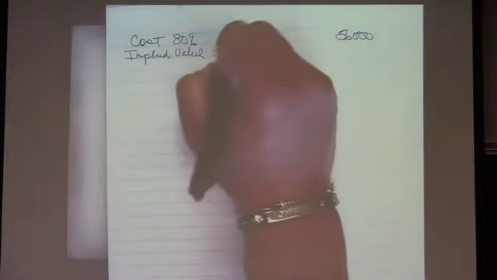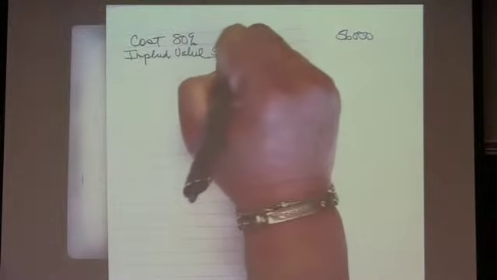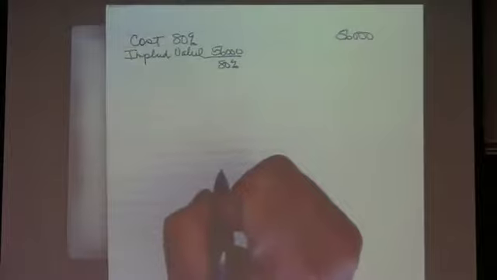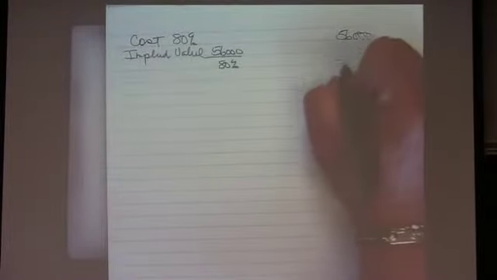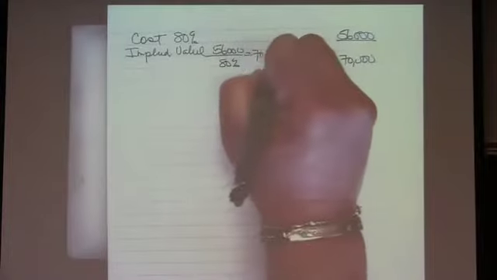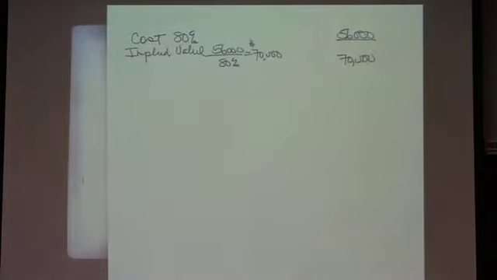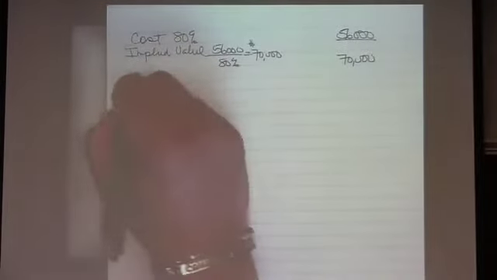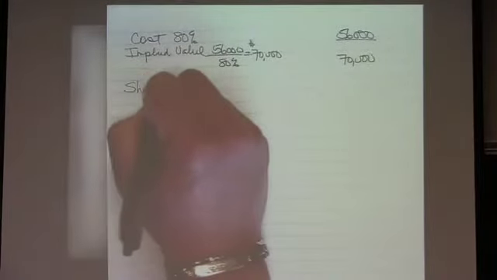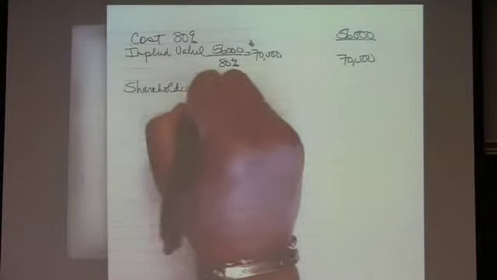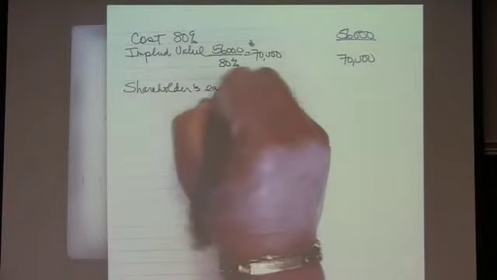So it's $56,000 divided by 80% ownership, and that gives us $70,000. So that must be the fair value of the entire business. Now, we're going to take a look at the shareholders' equity of SET.